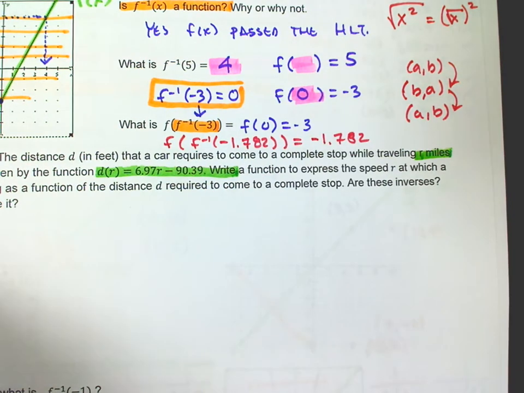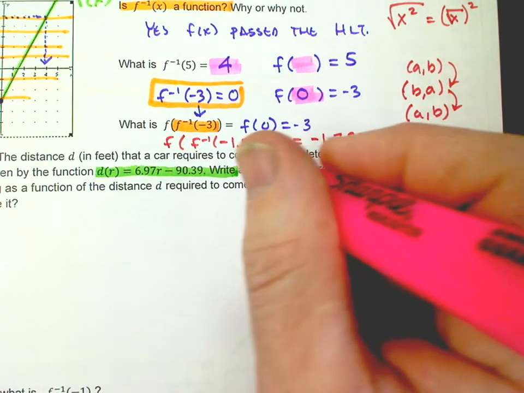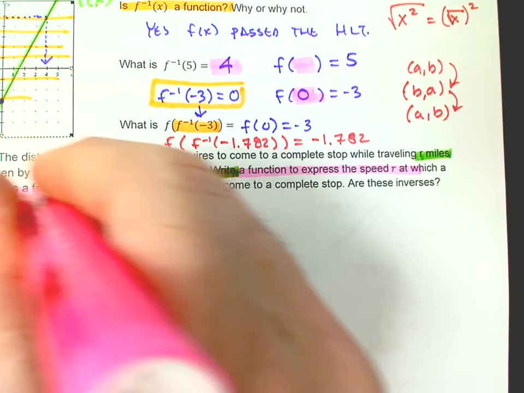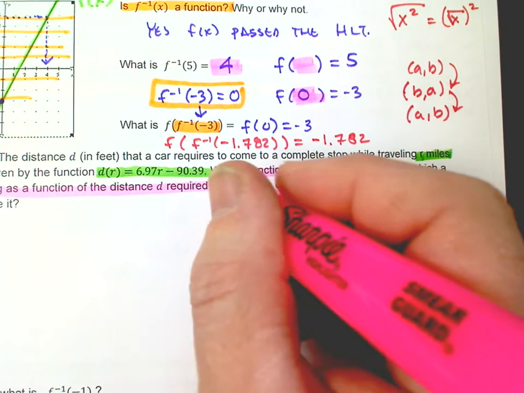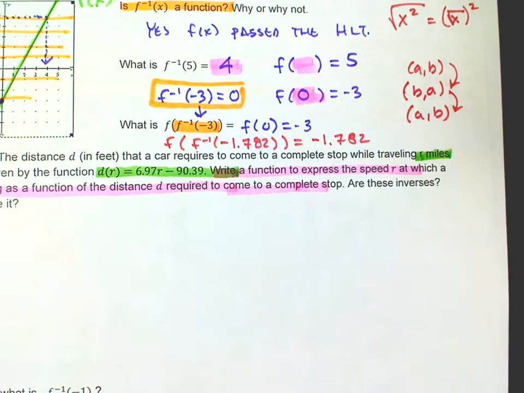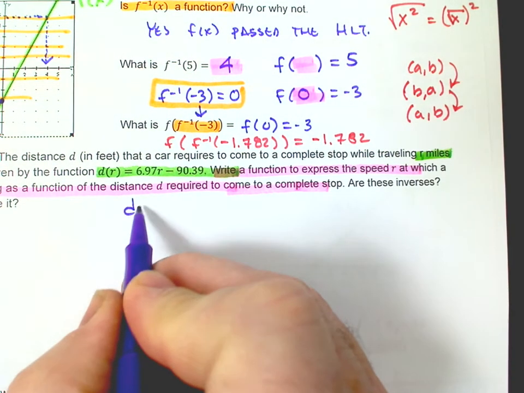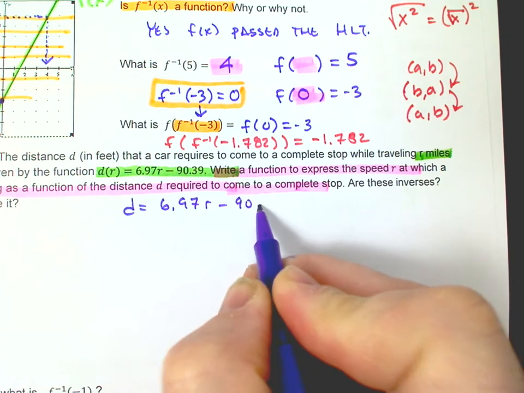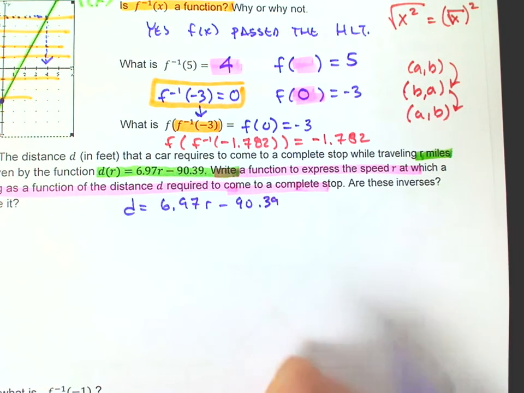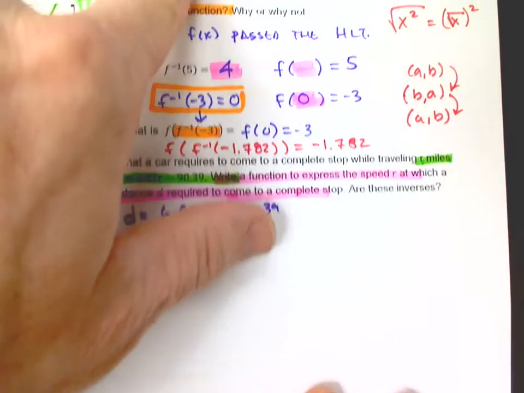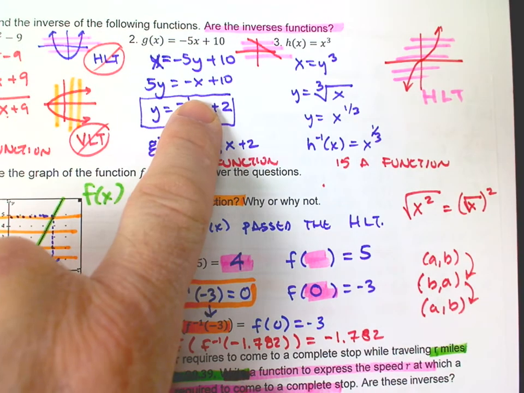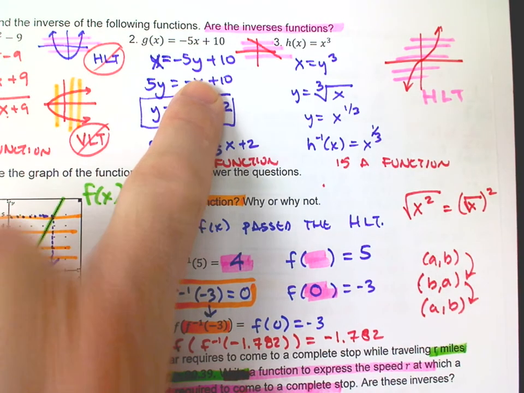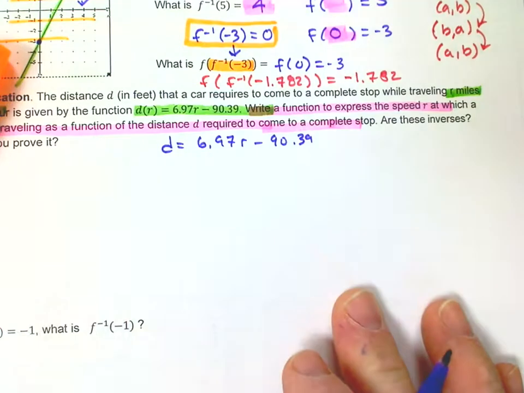It says write a function to express the speed r at which the car is traveling as a function of the distance d required for it to come to a complete stop. So let's take this and flip this around. In other words, d equals 6.97r minus 90.39. And we're going to do like we did up above. We solved this for y when we switched them around. We're going to solve this one for r.